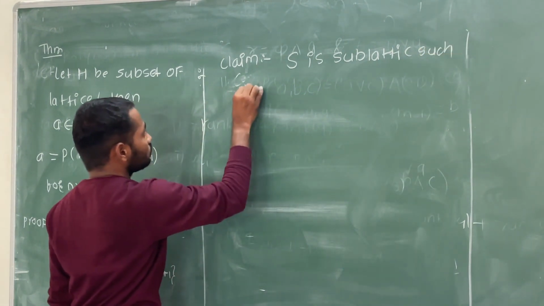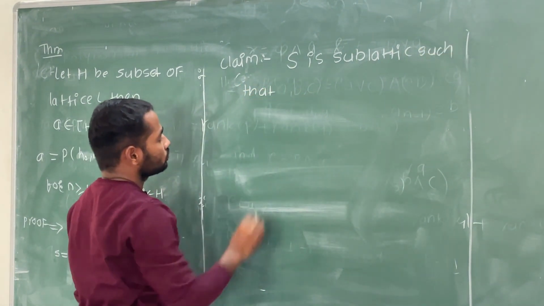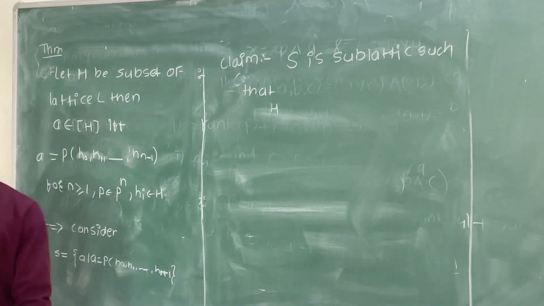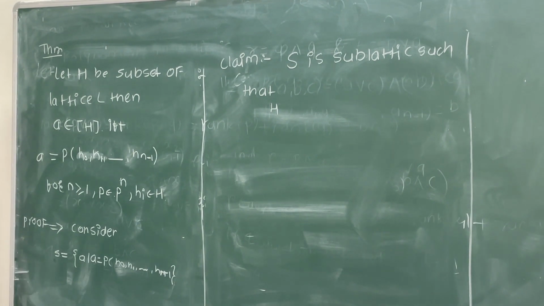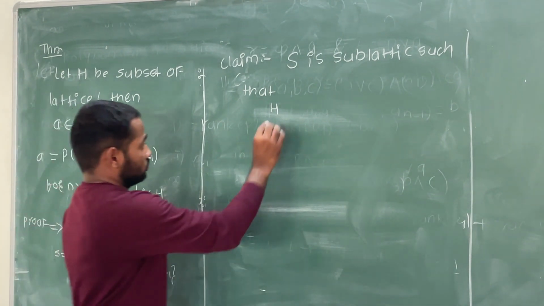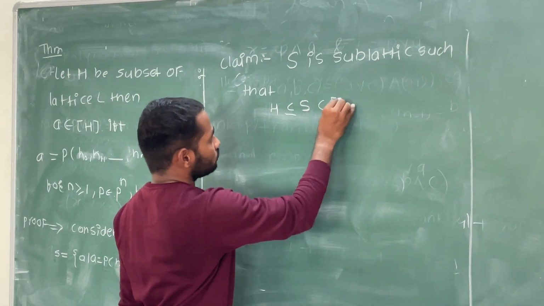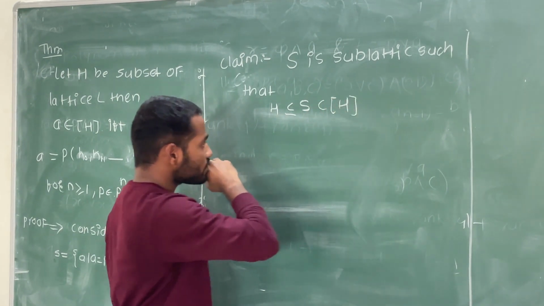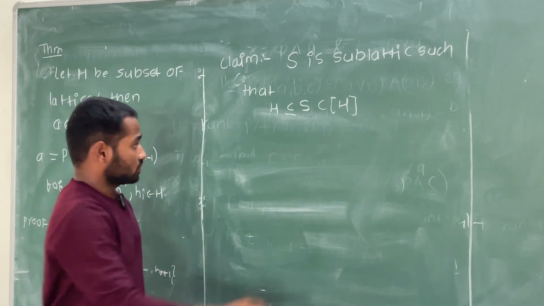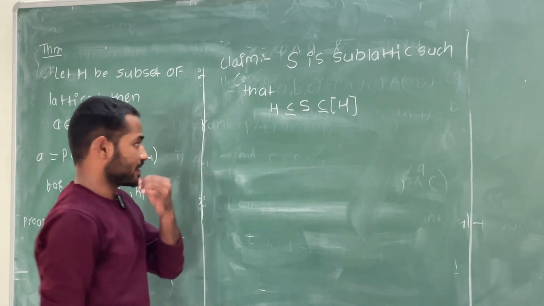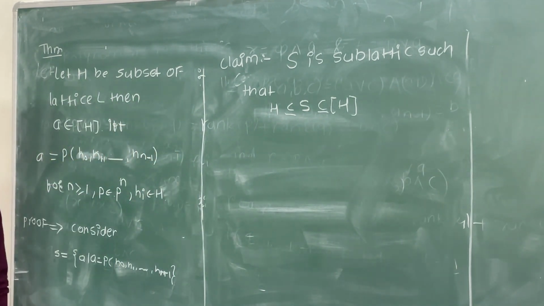No, you don't require any uniqueness. So we will show that S is equal to the square bracket H, which means one is contained in the other. Suppose we show that H is contained in S and S is contained in the square bracket H, and we prove that S is a sublattice.